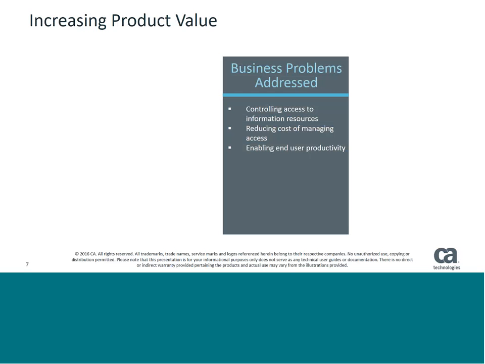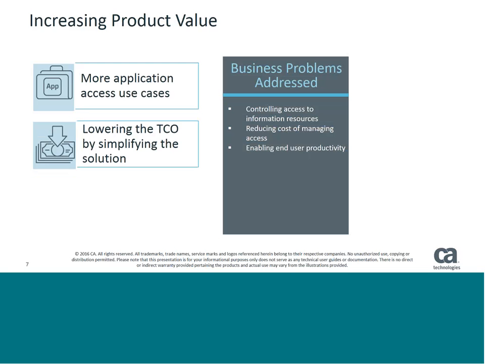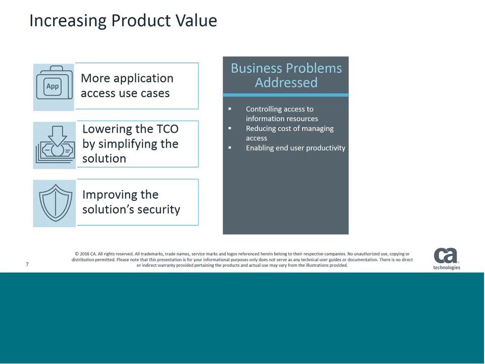If we talk about how we increase product value, so you're using the product, what are the things that we can do within SSO, and how do these relate to some of the things that we are doing in the 12.6 release? One of the ways we increase value is by adding the ability to support more applications and more application access use cases, and looking at ways to simplify the solution so that the overall total cost of ownership improves.